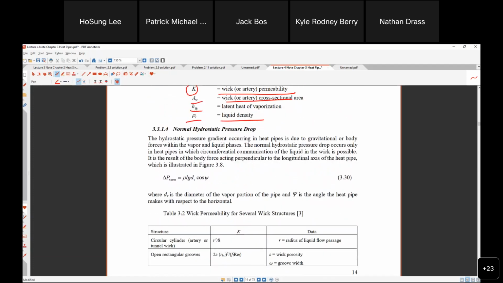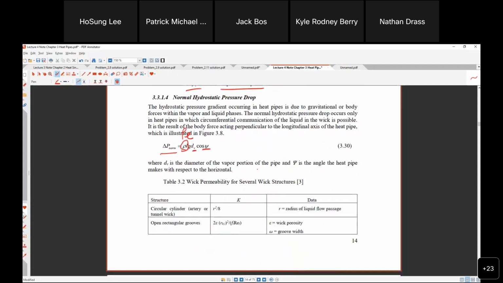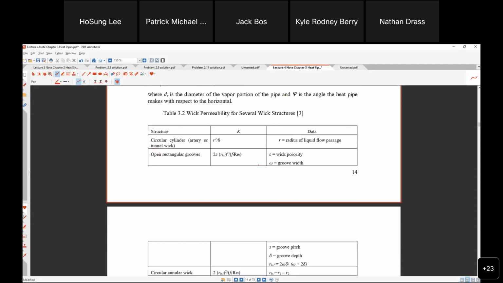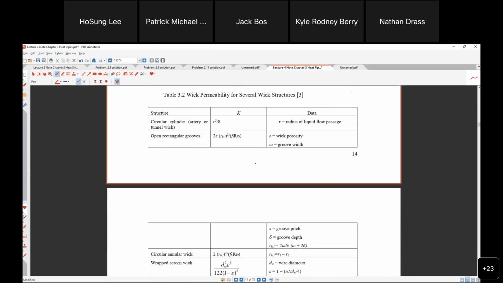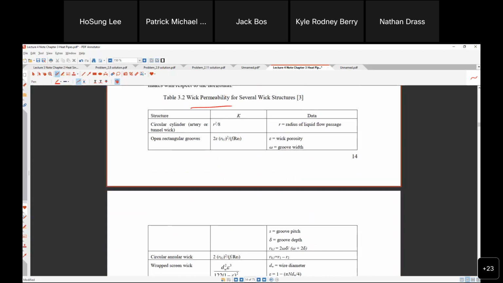Nominal, if there is a significant diameter, otherwise it is very small. This is rho of L. Gravity, and phi is also some tilted angle it causes. Now there is a K value for wick permeability. What type?